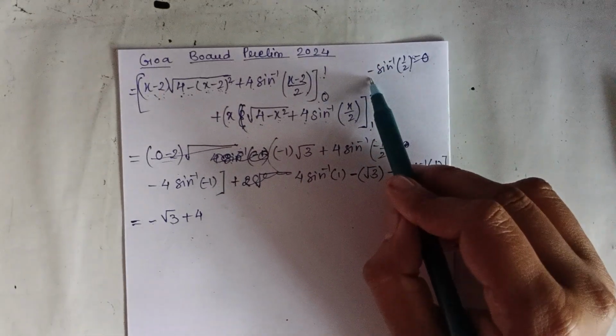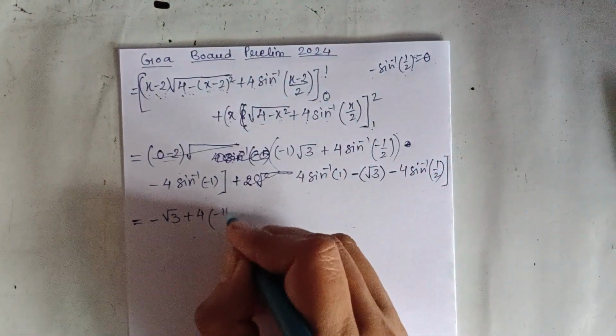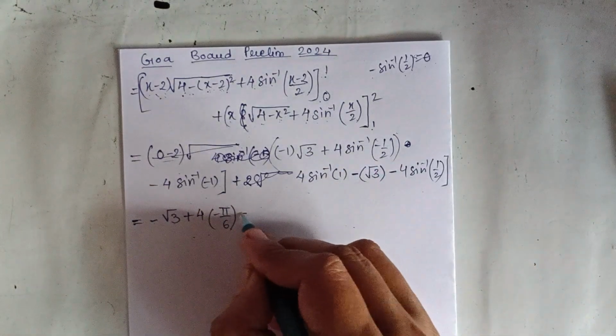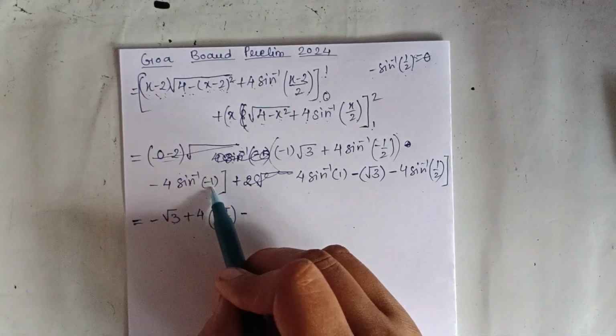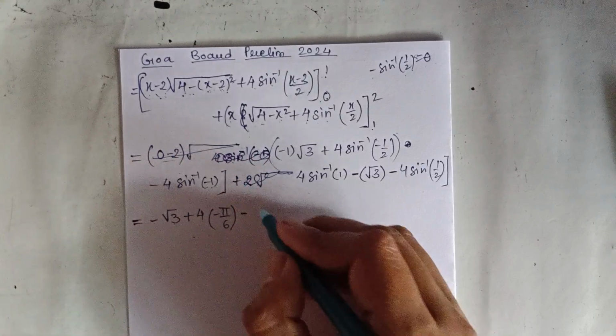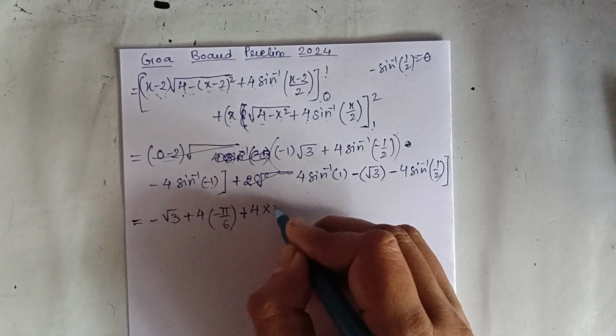And it is with a negative sign. So minus pi by 6. Minus sine inverse of minus 1. Sine inverse of 1 is pi by 2. So this is plus pi by 2.